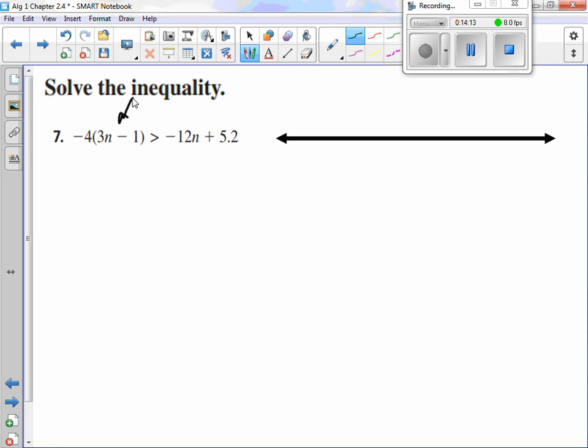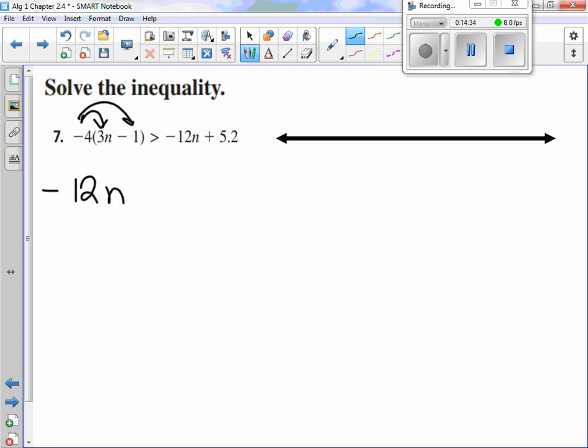So what we're going to do first is distribute, multiply every term inside of here by negative 4. So negative 4 times 3 is negative 12. So we have negative 12, and then we have the n.